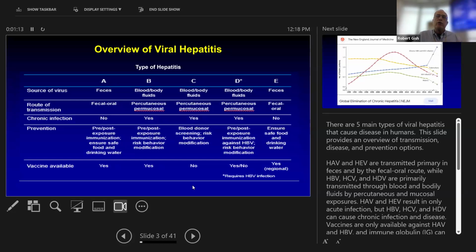Otherwise, we need to make sure we're not ordering IgM tests, we're ordering total hepatitis A. We're measuring the hepatitis B triple panel, which is surface antigen, core antibody total, and surface antibody.